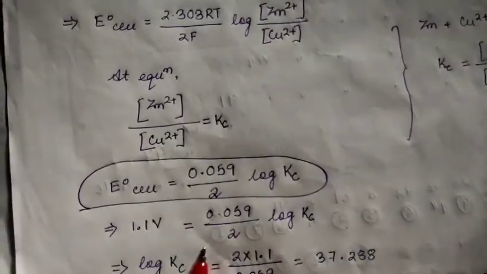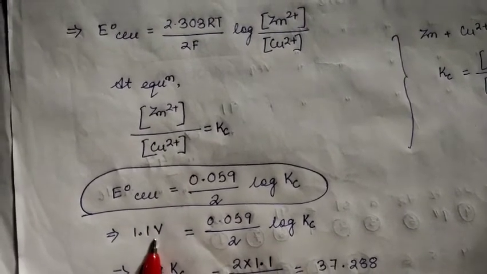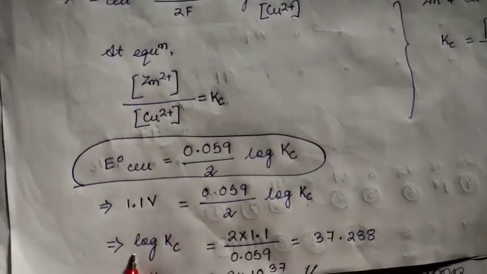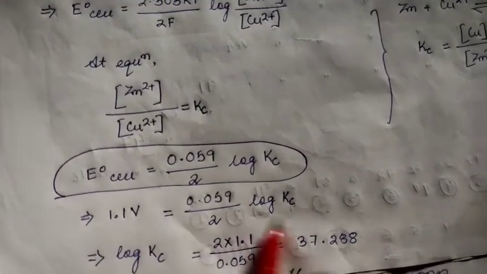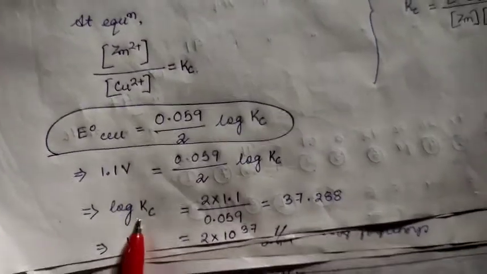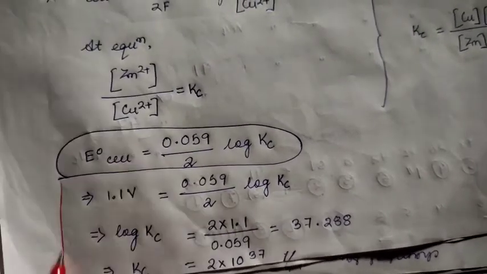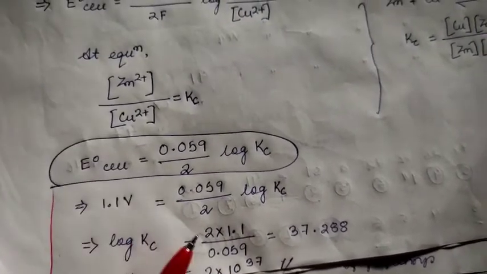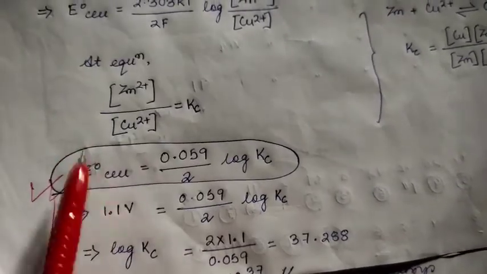Now if you move further, you know that E naught cell for the Daniell cell was 1.1. We have calculated it yesterday. Next you can calculate log of Kc, but this will need an antilog. You can do this procedure yourself using the mathematical formula, which is less required. But you have to remember this equation, which is important, okay?